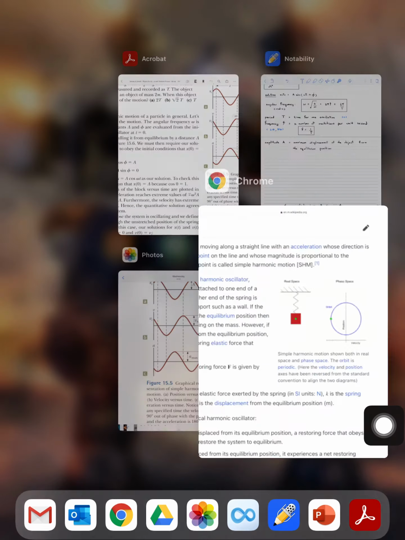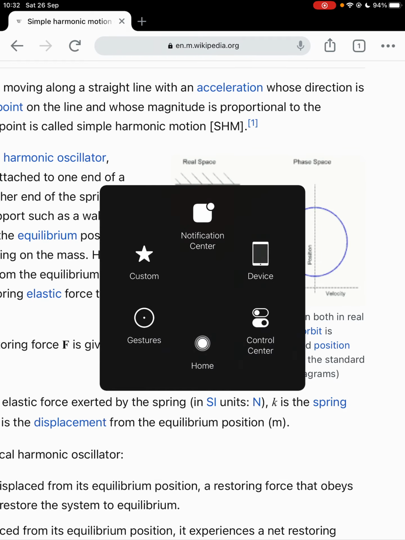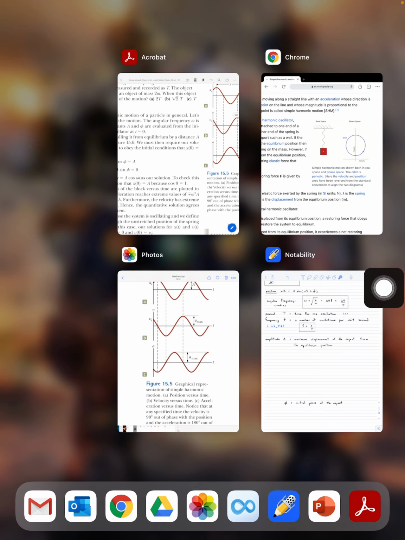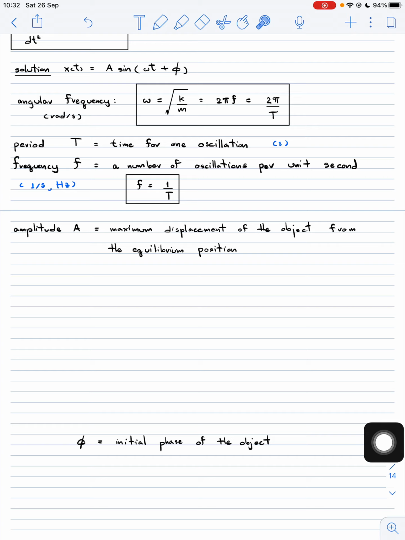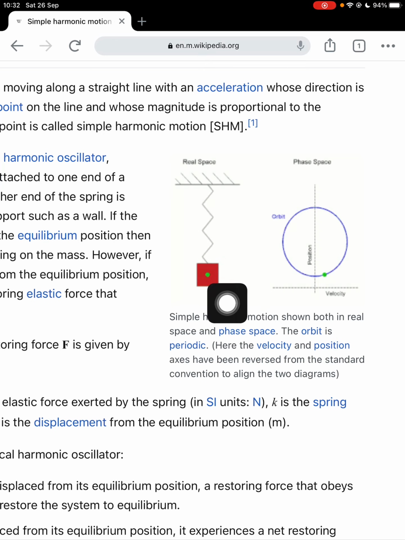So if we come back to this picture again, let's say this will be the maximum extension, and this will be the maximum compression. Then the midpoint between the maximum compression and the maximum extension is going to be the equilibrium position.